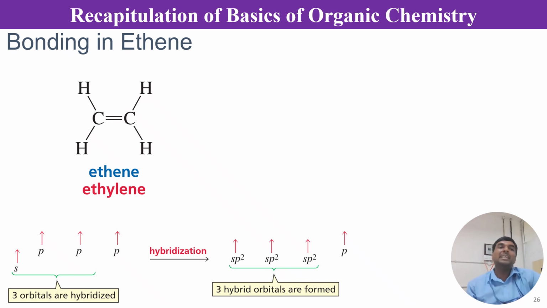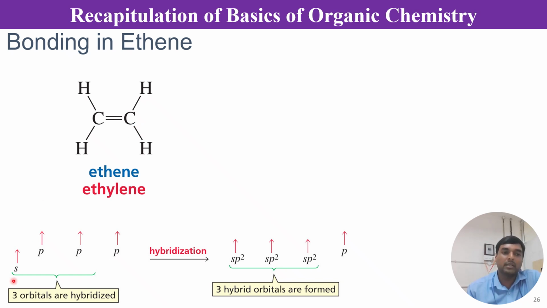Now if we consider how ethylene is formed, first of all, ethylene has two bonds, one sigma and one pi bond. In ethylene, each carbon is bonded with two hydrogen atoms and one carbon atom.